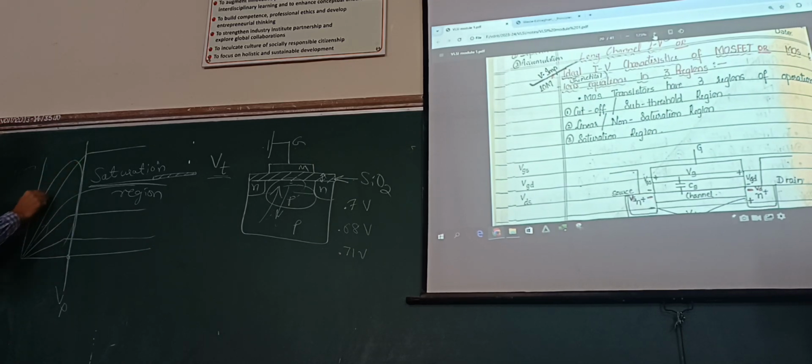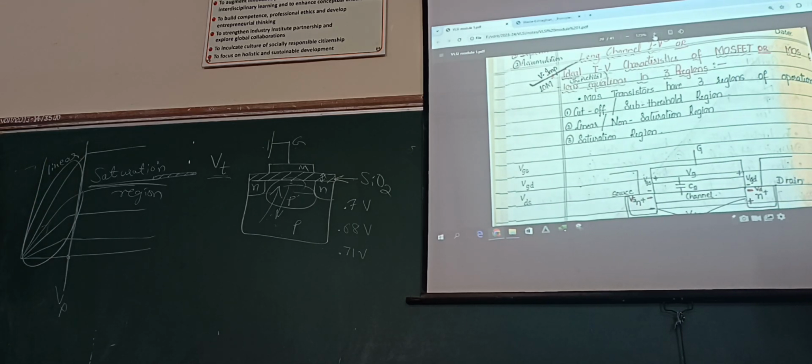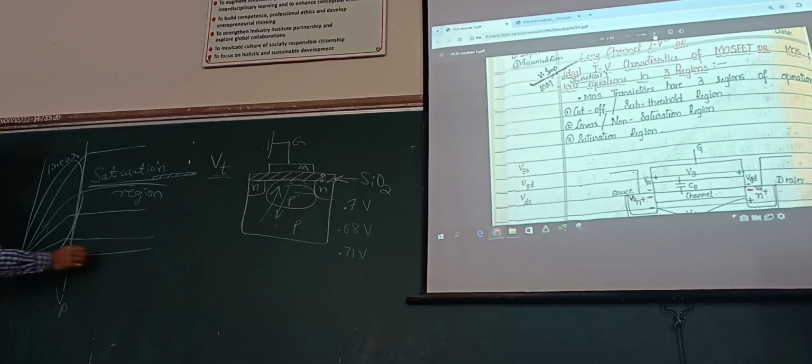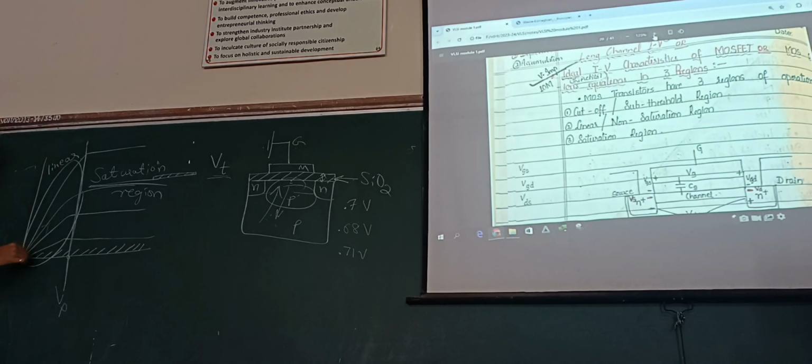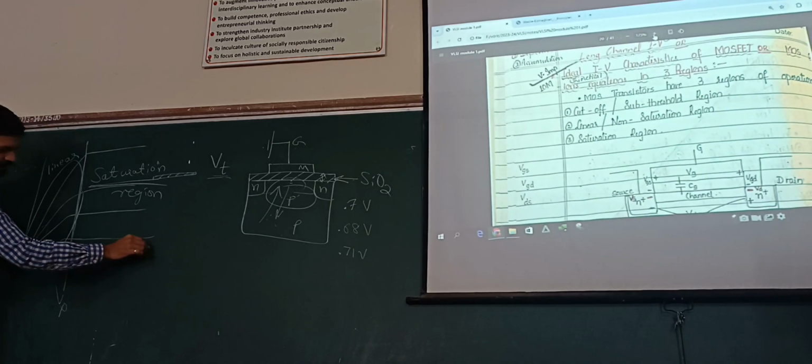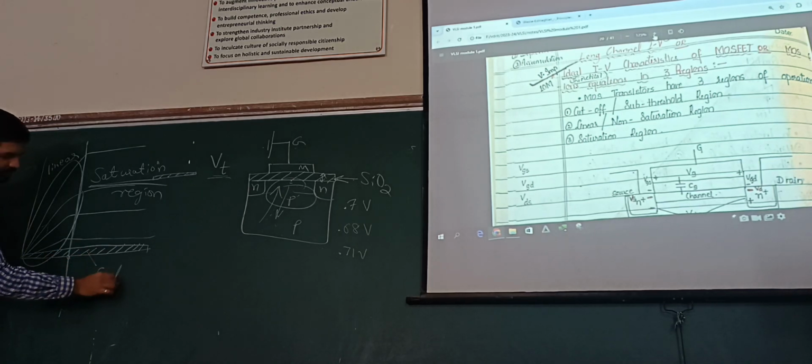This region is called the linear region of operation. Why is it called the linear region of operation? Because the current is increasing linearly. And this shaded part is the cutoff region.